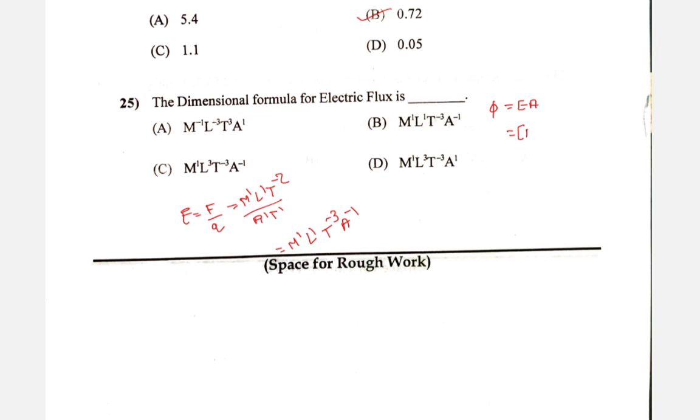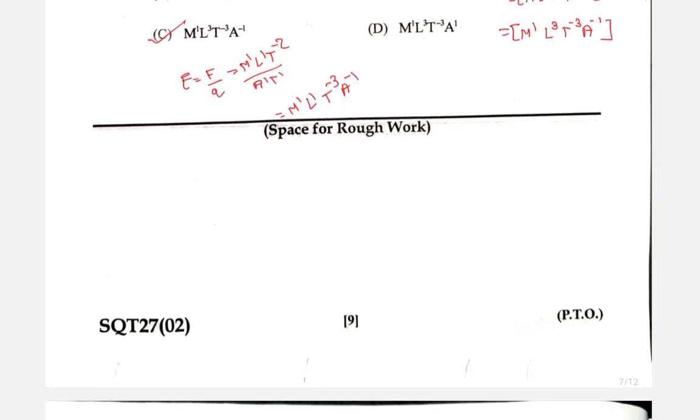Multiplying by the area L2, electric flux is M1 L3 T minus 3 A minus 1, option C. Next question.